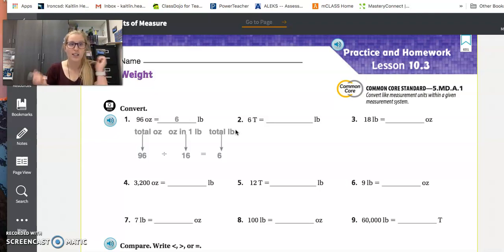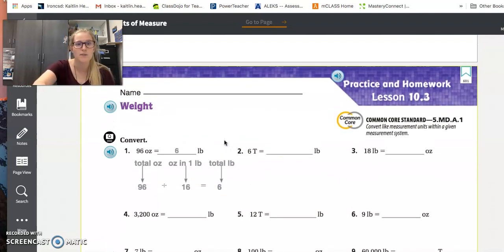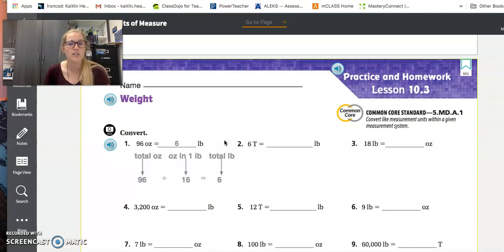All right, your assignment. You ready? It's on Alex, and it says customary weight 10.3. 5 questions. You're going to be doing problems like this where you convert.